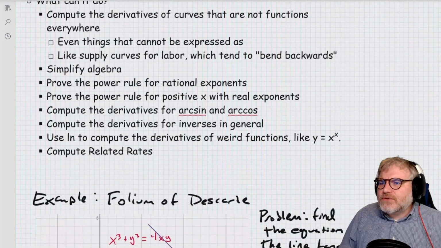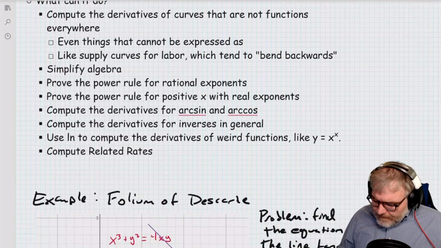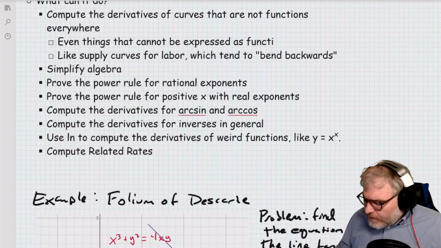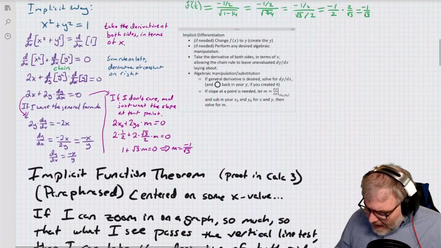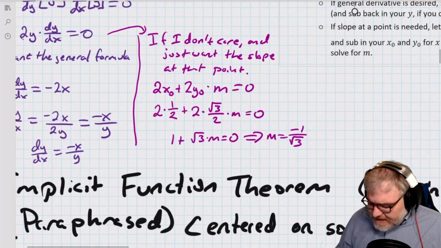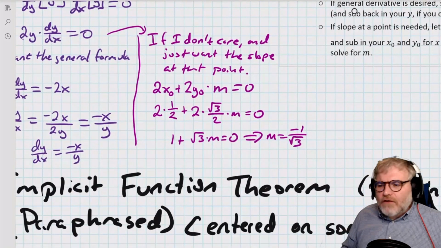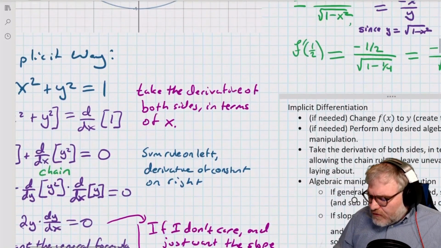Another place where this tool is very powerful is when I want to simplify the algebra of some things. Let's go back up to here. If I have dy over dx equals negative x over y, and that works for the whole curve, I don't have to take two separate derivatives.